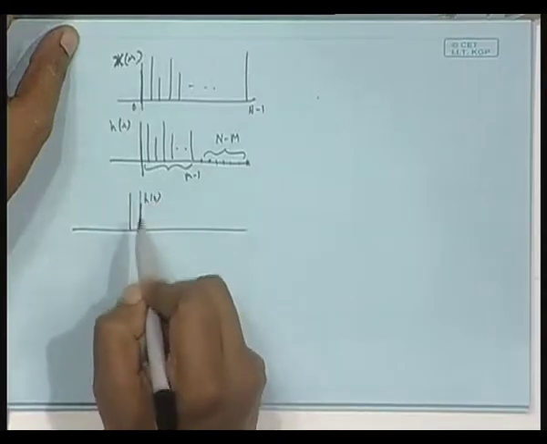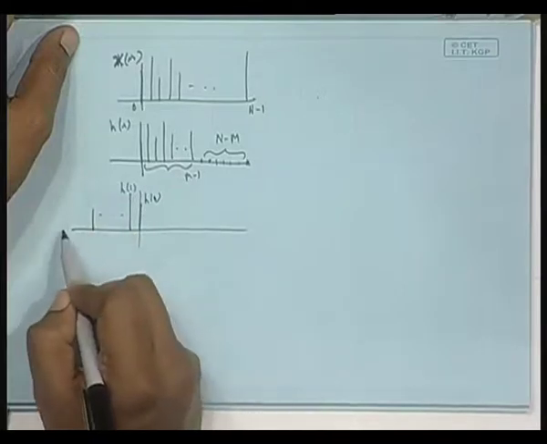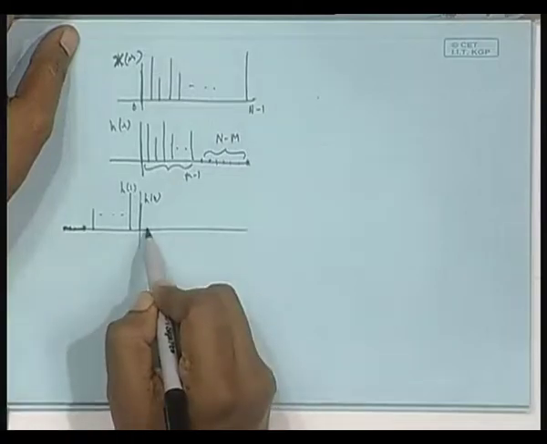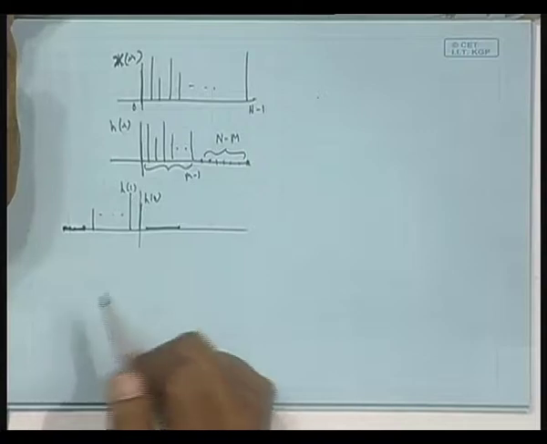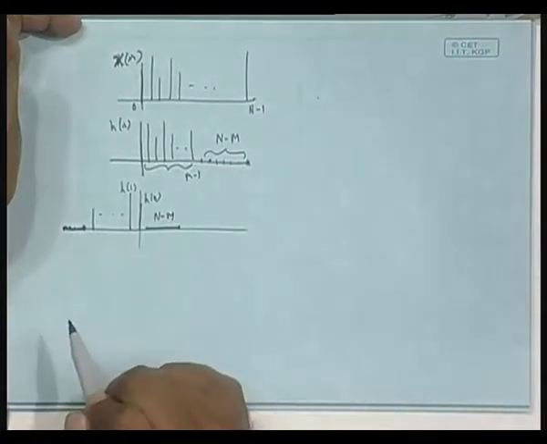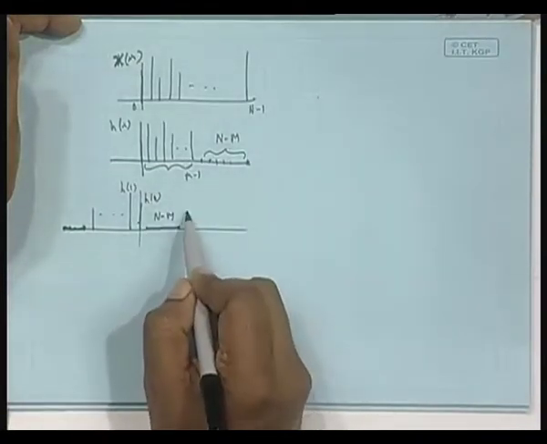h 0 and then zeros, this is a 0 pad here, is it not? That means here is a 0 pad. 0 pad of how long? N minus m. This is sample n minus m, and then I have got other samples.